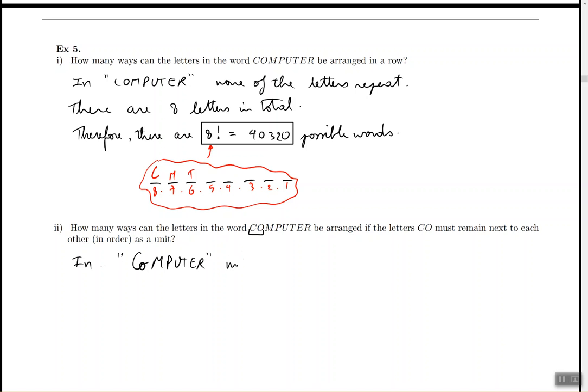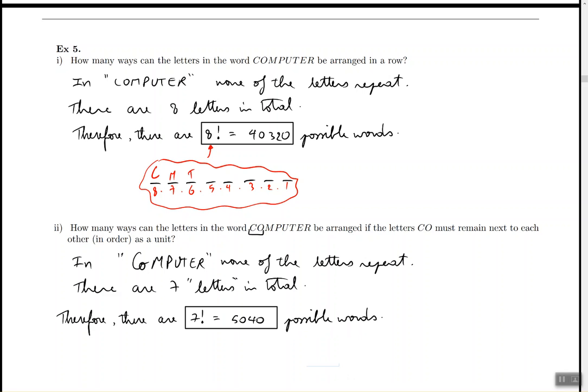There are 7 quote-unquote letters in total. Remember, these are not letters. CO is technically 2 different letters, but I'm thinking of it as one character. So maybe a better word than letters is characters. How many choices are there? 7 factorial, which is roughly 5,000 possible words.